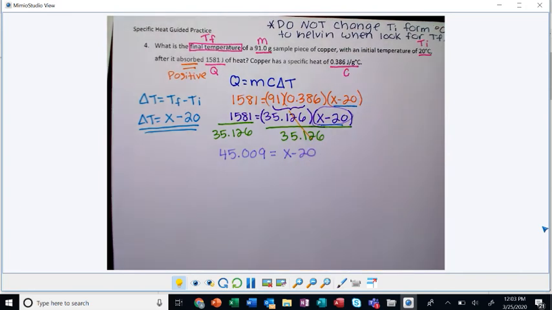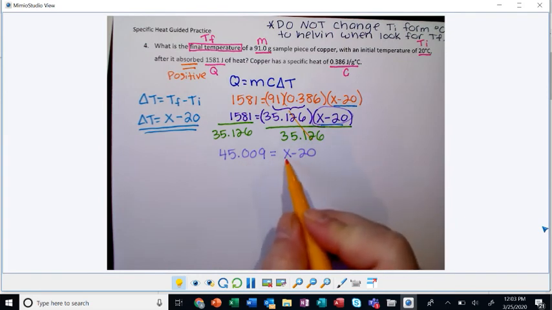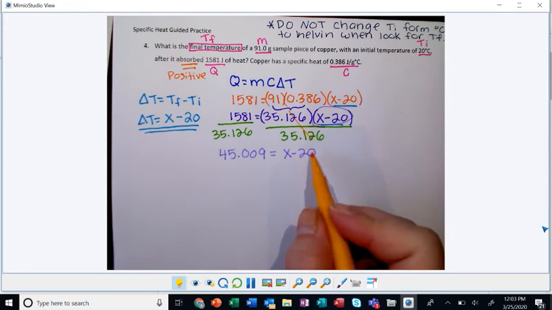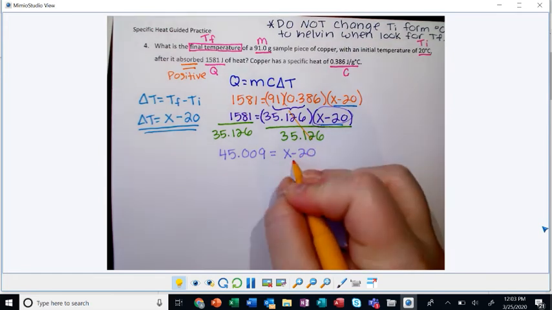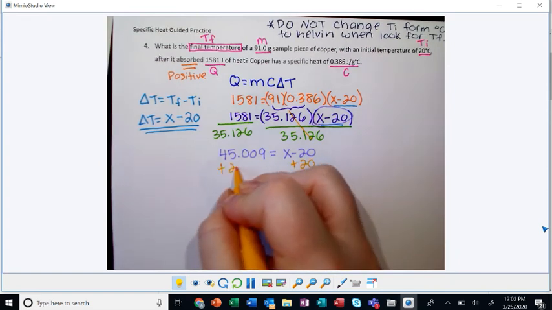All right. Now we need to go ahead and move the 20 over here, right? We gotta get x by itself. So x minus 20, to get rid of the minus 20, we gotta do the opposite of subtraction, which is addition. So plus 20 here and plus 20 here.